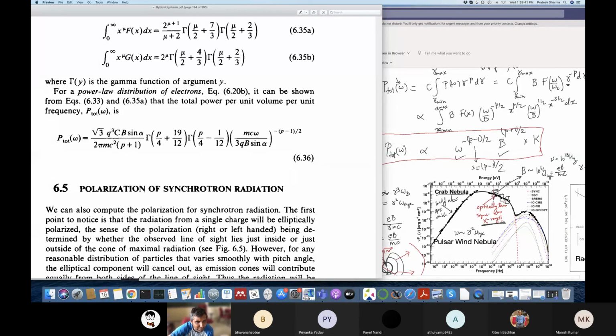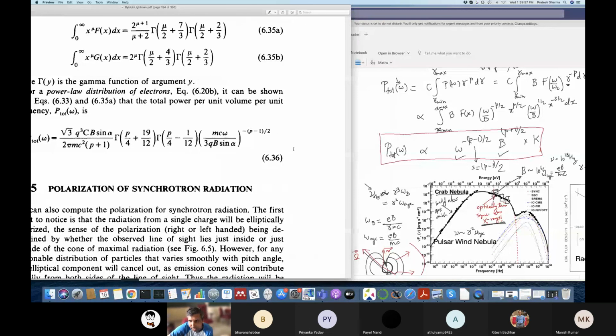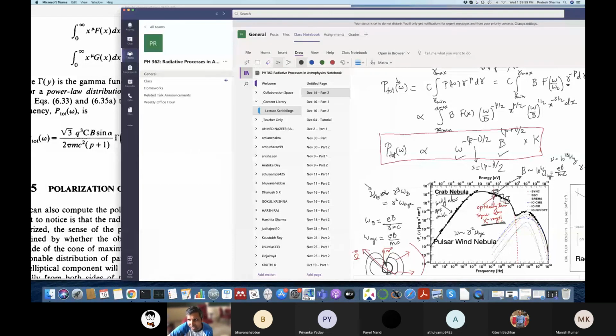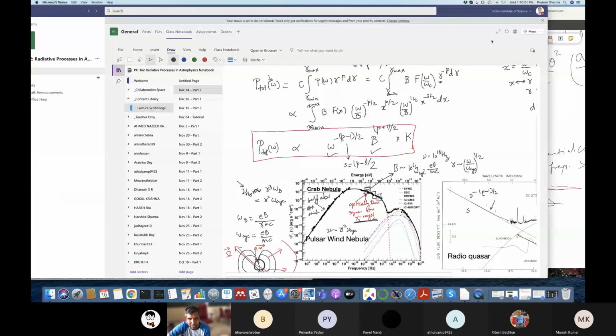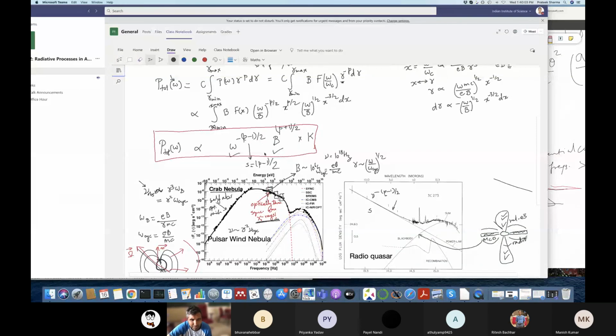This is B to the power of minus p. How do I get that? Maybe I made a mistake, but let's see. The frequency only appears here, so this is minus (p minus 1)/2. But did I make a mistake here? Let me check. This is fairly simple. It should not be hard to figure out.